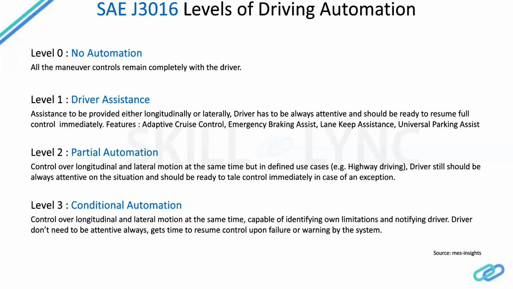So it is not like the warning will be given immediately and the driver needs to handle the situation. There will be certain time given, depending upon the situation, saying that, okay, I am not capable of taking care of the automated driving at this moment, you please take care of the driving. So this is level 3 of automation. And whatever autonomous systems that you see on the market now, be it the Tesla Autopilot or the Audi e-pilot, anything, all fall under level 2 plus and level 3 starting of automation.